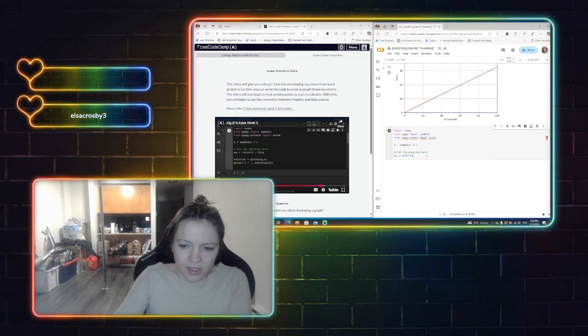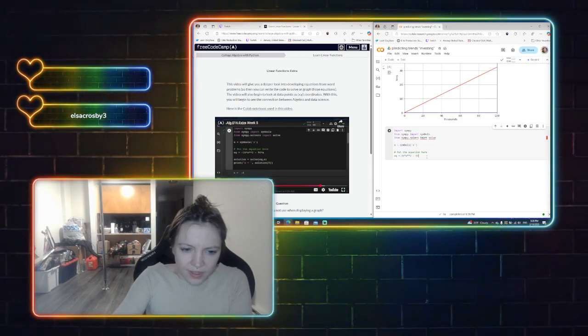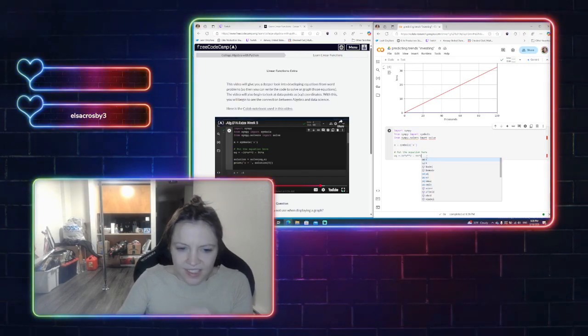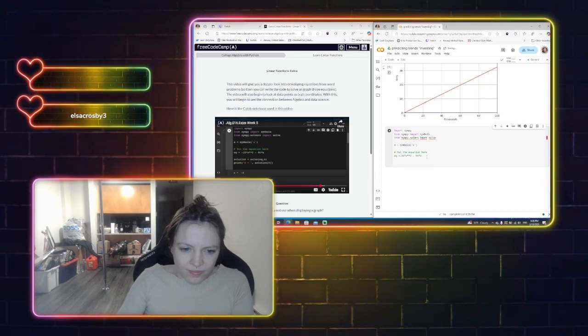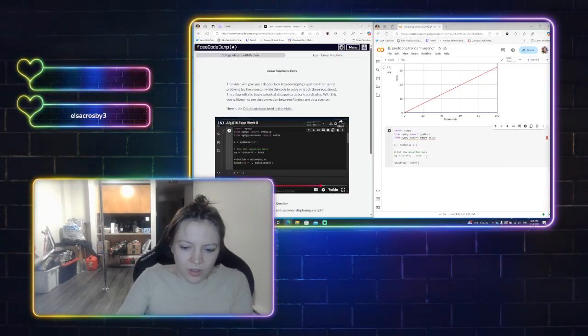Oh, it's like the upper whatever. Yeah, I forget about that. That's how you show the exponent. Then minus 96 times x. Solution equals solve equation, x.